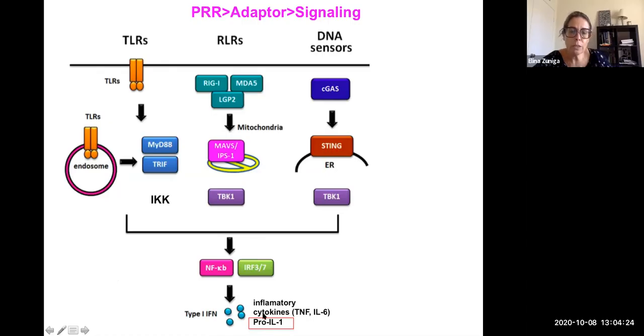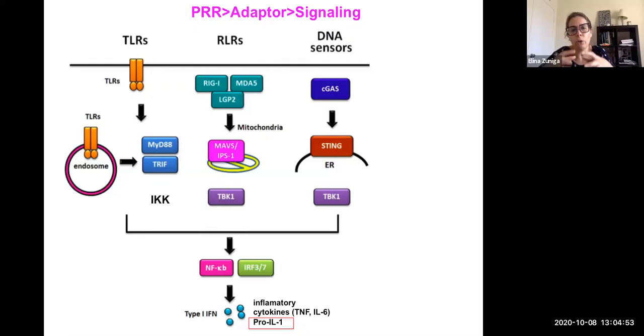And so this will again lead to the activation of cytokines like TNF and IL-6, and these are produced already in an active form. But there is an interesting fact: the transcription of the IL-1 gene will produce a pro-IL-1 protein, which is inactive, okay?